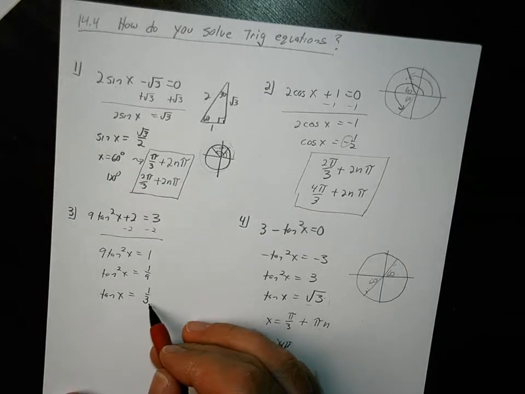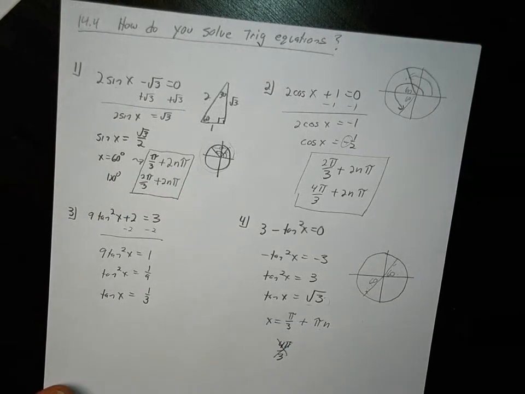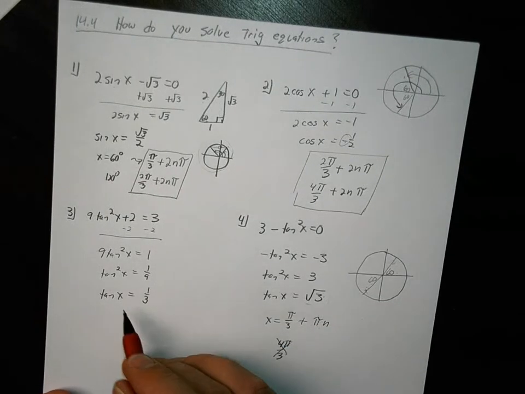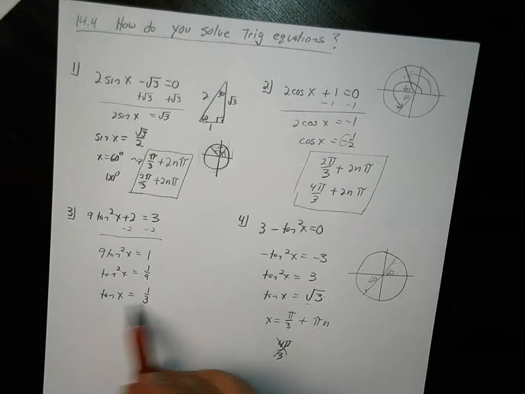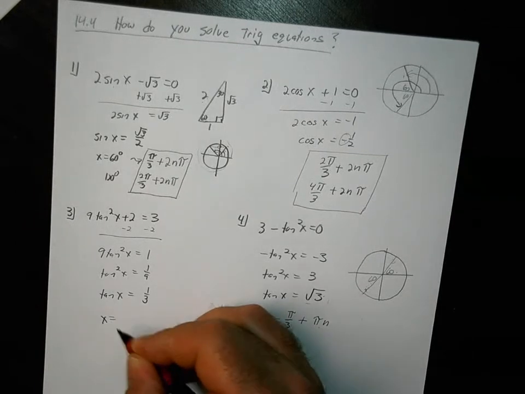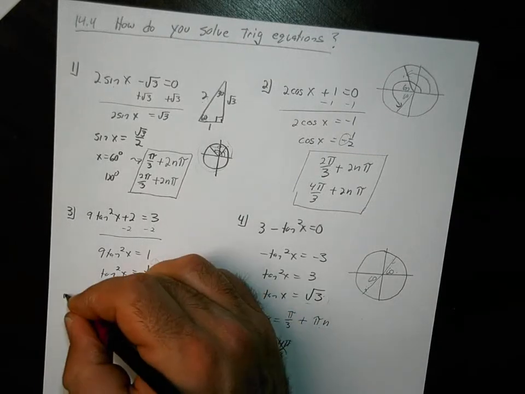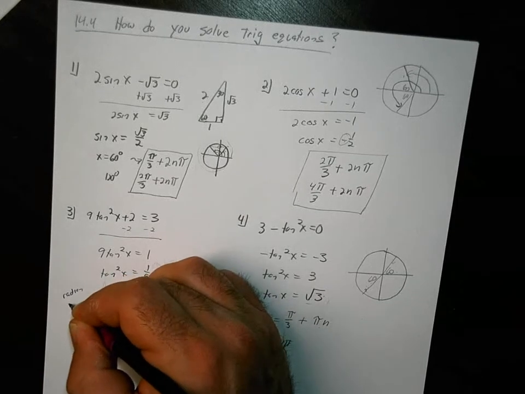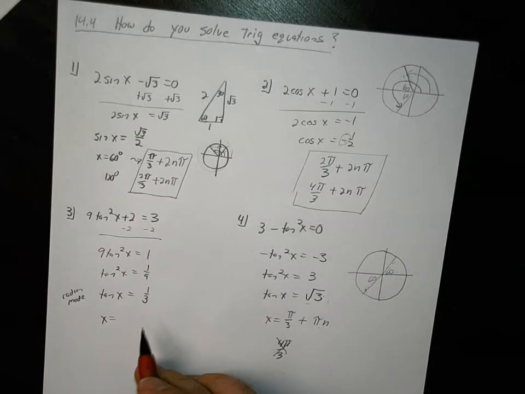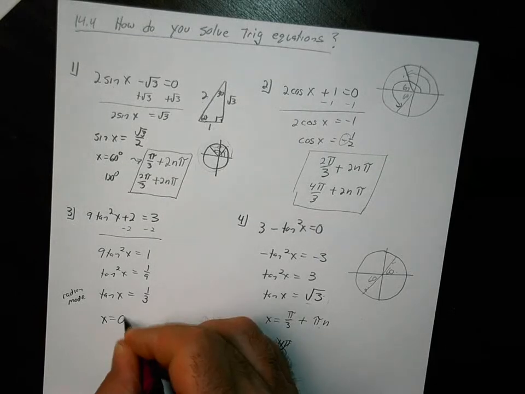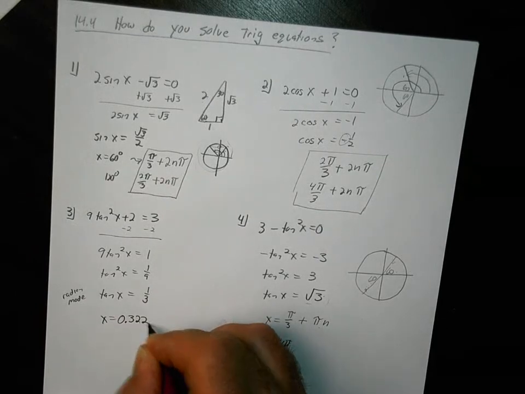Now here's a situation where there is no special right triangle that gives me a tangent that's 1/3. So in this case, I have to go to my calculator, take the inverse tangent, and it's going to give me, make sure you're in radian mode, and it'll give you the radian value of that. And that happens to be 0.322.